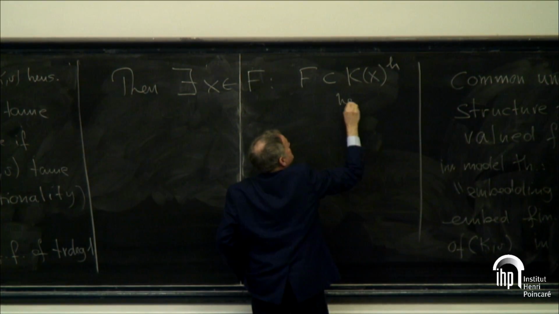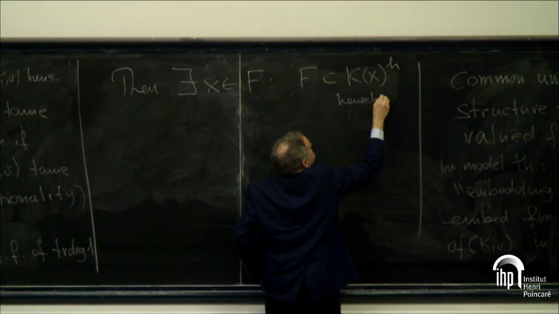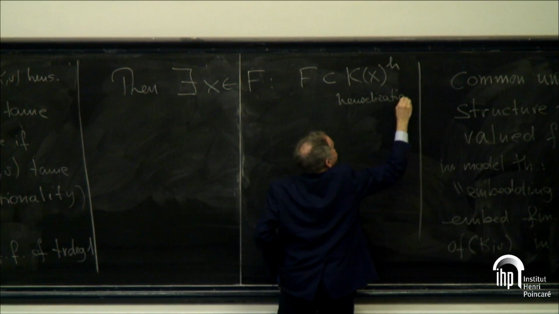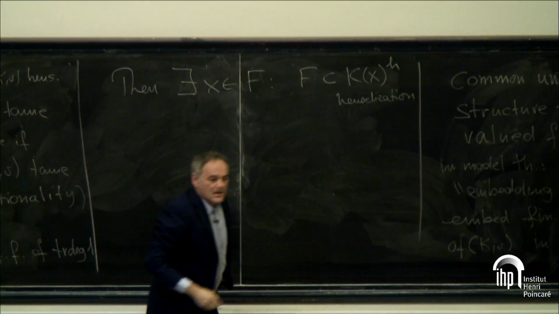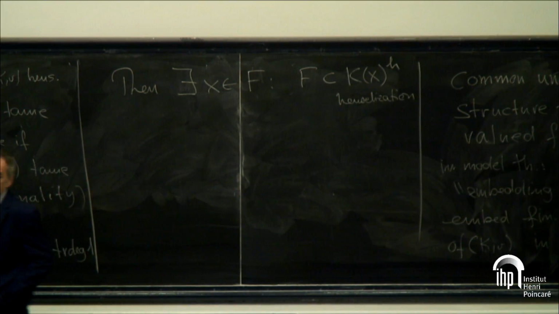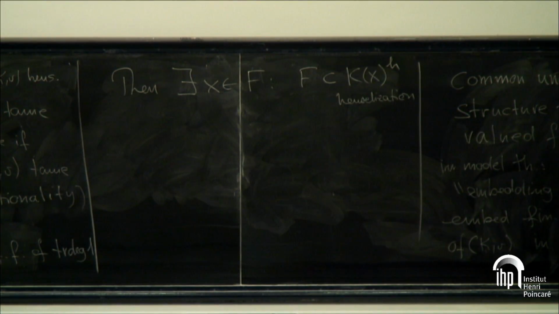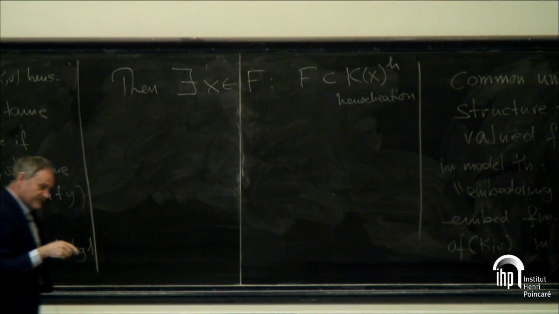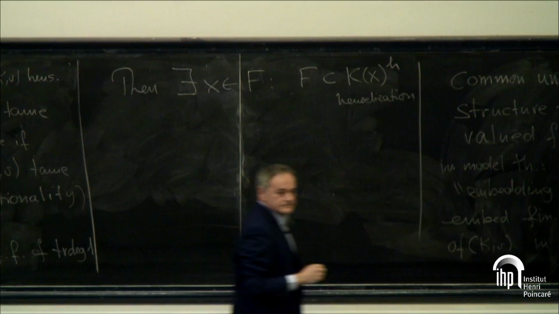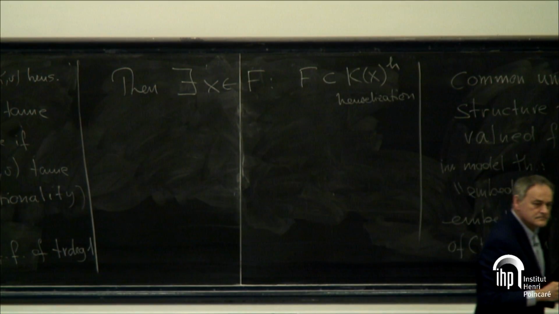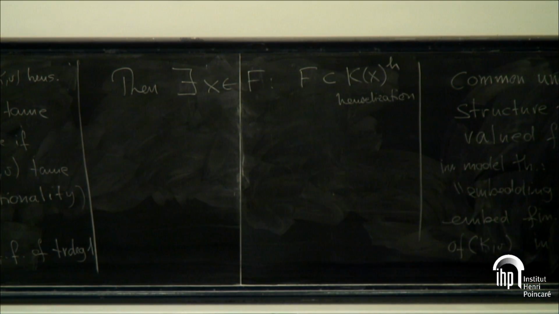So this is the Henselization. Immediate, no change of value group and residue field: v of f is v of K, Fv is Kv. And the function field means finitely generated. Yes, algebraic function field.